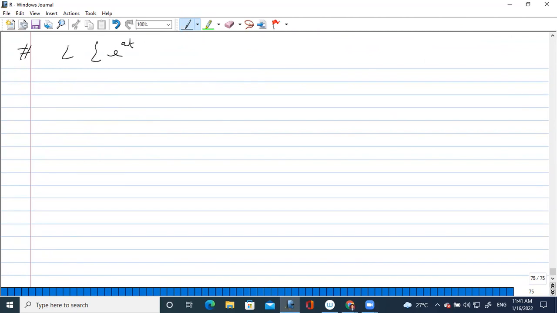Laplace of e to the power at cos bt. So this you have to find. Okay. So if you know the formula of this, in that you can put minus a extra. That's it. In place of s, you have to put s minus a. Because we know that Laplace of cos bt is s divided by s square plus b square.